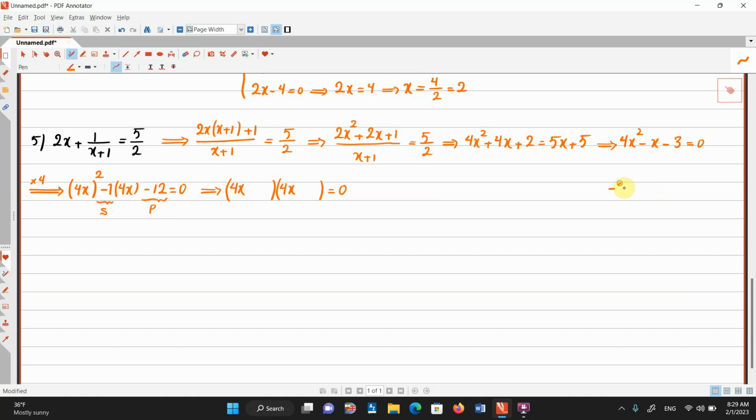Since the sum is negative 1, this negative 1 should be written as the sum of a negative number, the negative integer exactly before this one, negative 2, plus a positive number, 1. But the multiplication of these two, I mean negative 2 and 1, doesn't make negative 12. This option is unacceptable.